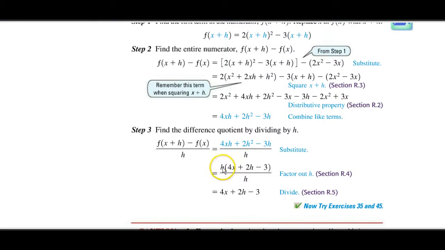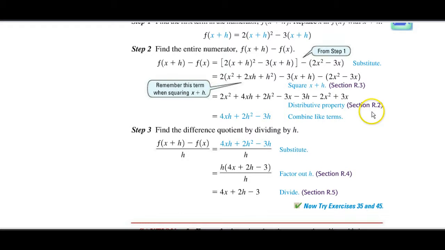Notice that once we factor the h out of there, the h's cancel out, and we end up with this. Now I recall when I did this example for my QuizMe, it was quite tedious, and it took quite a while.